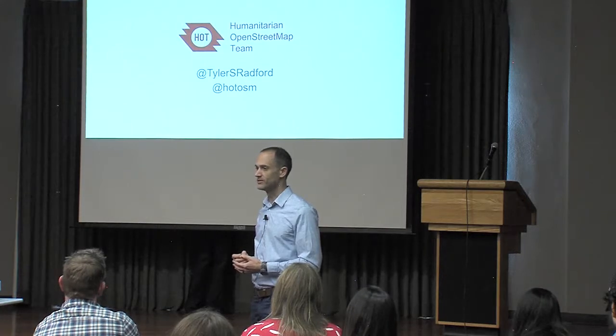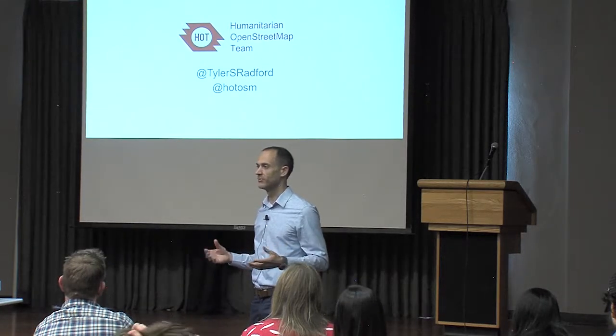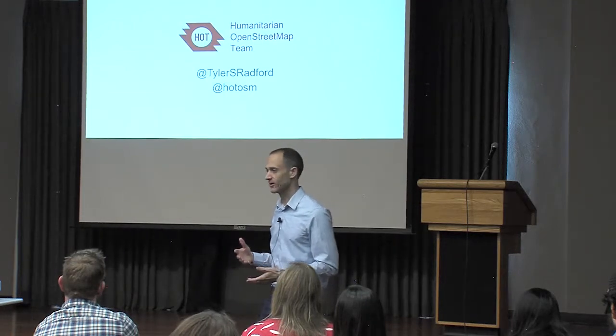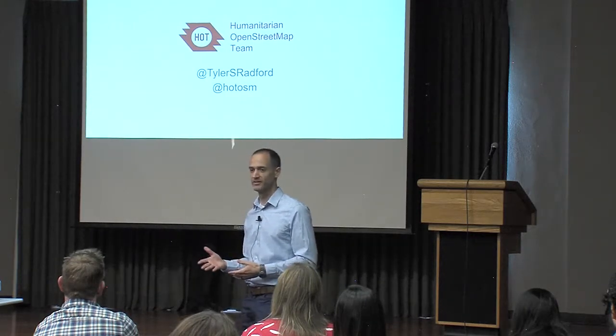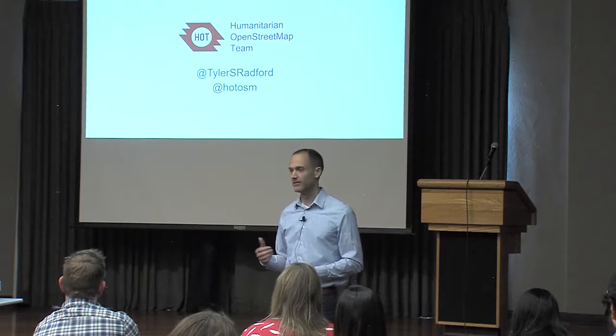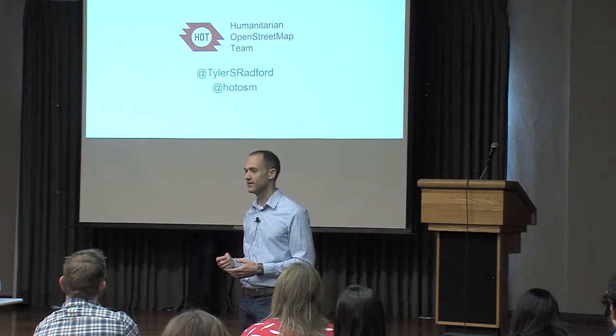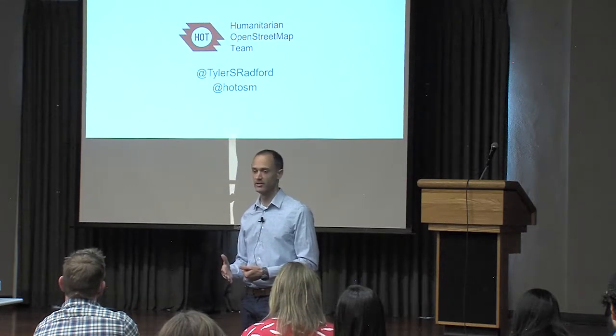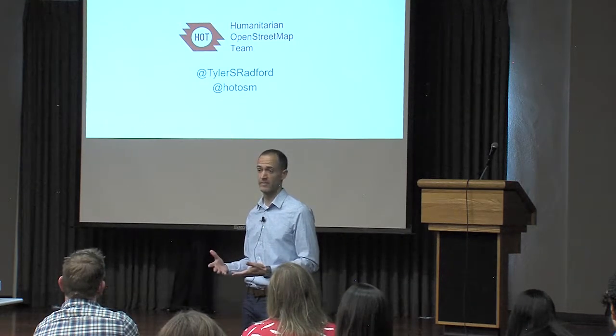What we usually do is, because HOT is this global network, we don't necessarily control what our community is doing. We encourage our community to map what's important to them in their countries. A lot of the efforts that you saw in my slides were started by local volunteers because they knew that an issue was important to them in their country, and they started mapping it.